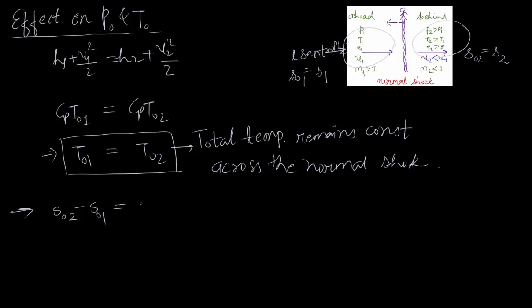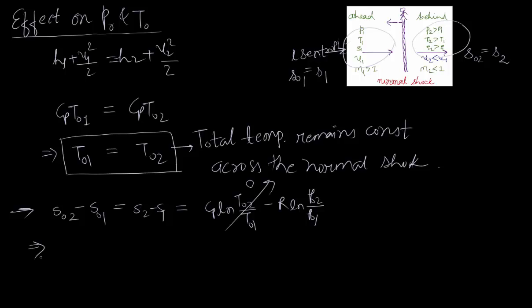Therefore S02 minus S01 we can write as S2 minus S1, and we know that S02 minus S01 will be equal to Cp ln T02 by T01 minus R ln P02 by P01, and we know that T02 equals T01. That means this term will be 0 because ln 1 is 0.